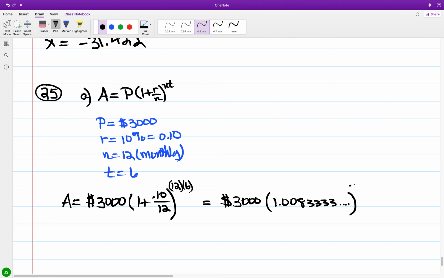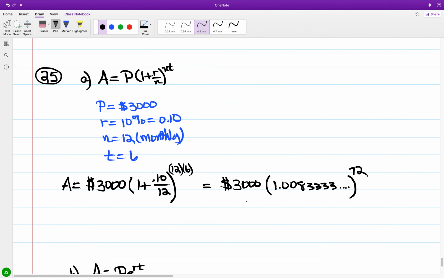If you keep this sum and raise it to the 72nd power, you have a number that's a little bit over 1.8, so you have 1.81759, and some decimal places after that, multiplied by 3,000.